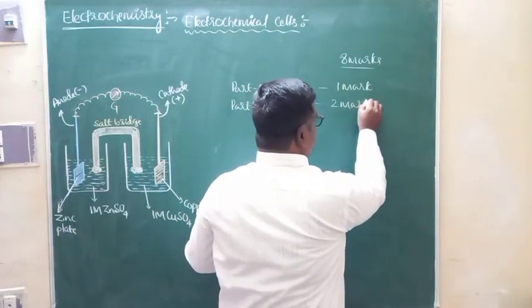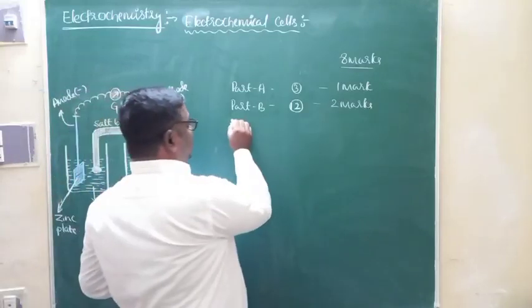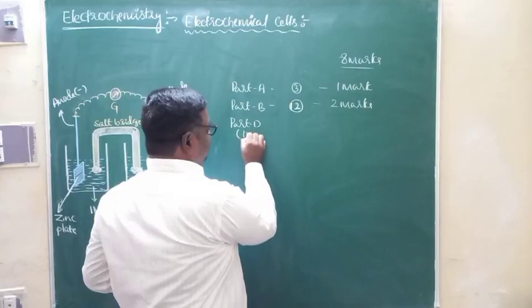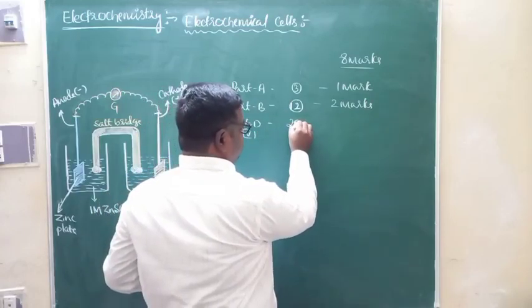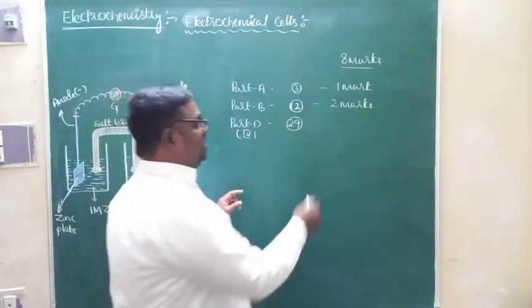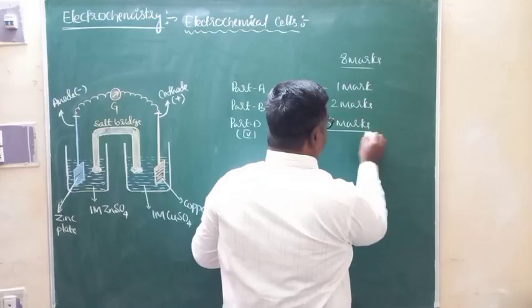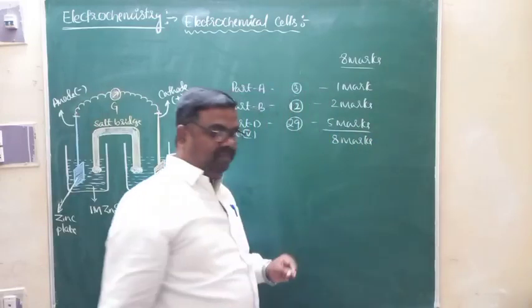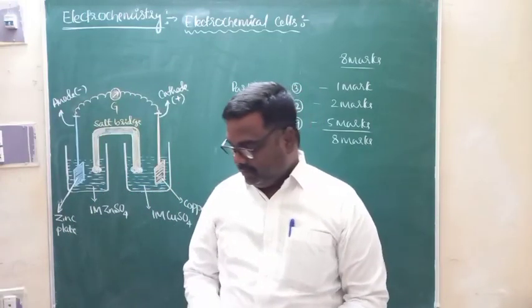And in section 4 of part D, there will be one question, question number 29, that carries 5 marks. So totally there will be 8 marks that you can expect from electrochemistry in second PUC annual examination, right?